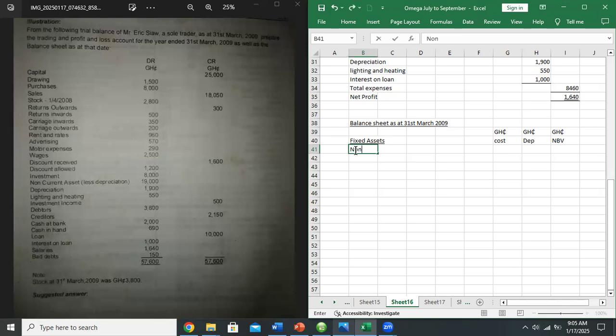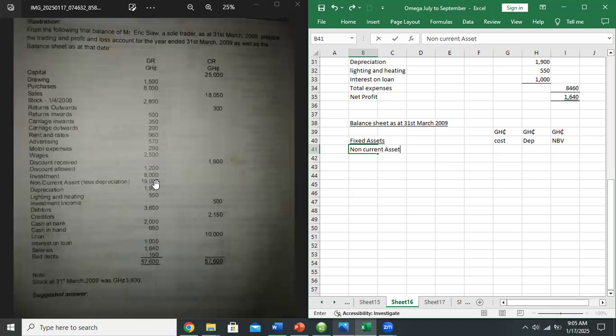So non-current assets. I think what they did here was to sum up all the assets that the business has, the tangible ones, into non-current asset, which is the same as fixed asset. So don't let it confuse you. So non-current asset, but look at something here. It says in bracket, less depreciation. So this 19,000, they are saying they have less depreciation, and this is the final figure they got.